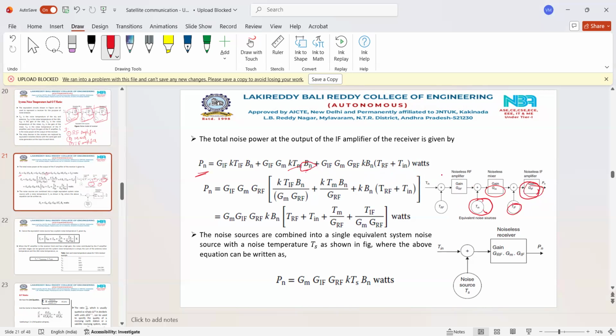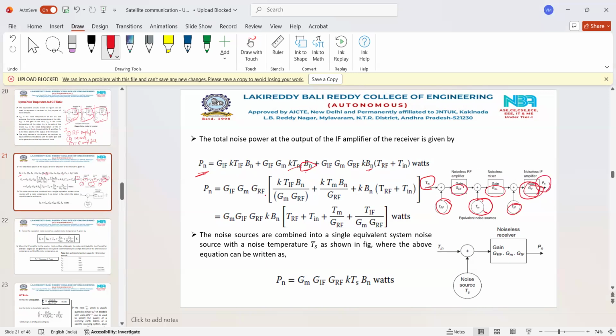Plus one more component, the RF amplifier section. Here the gains GIF, GM and GRF into K, the Boltzmann constant, multiplied by the two noise sources, TRF plus Tin, multiplied with the noise bandwidth. In this way, we write the total noise power at the output of the receiver.